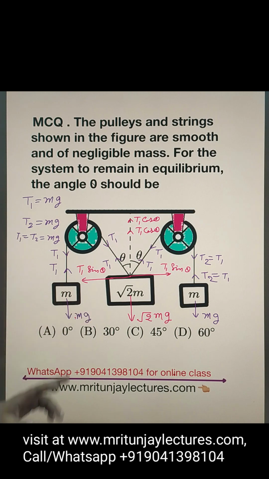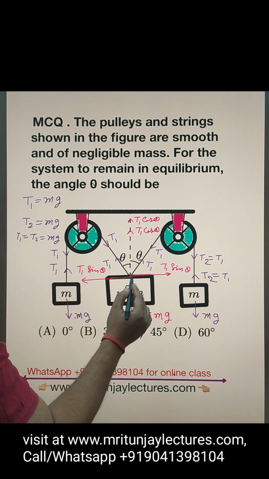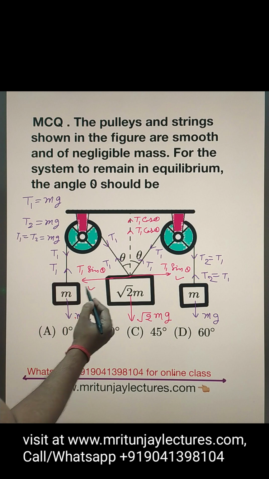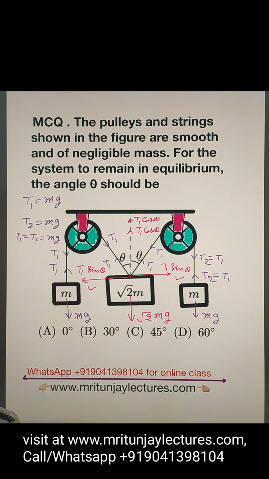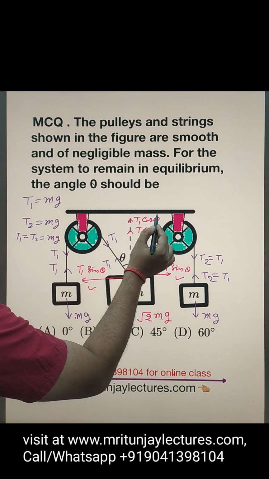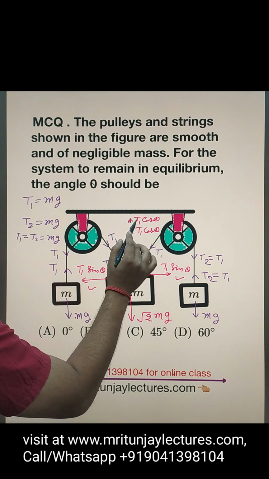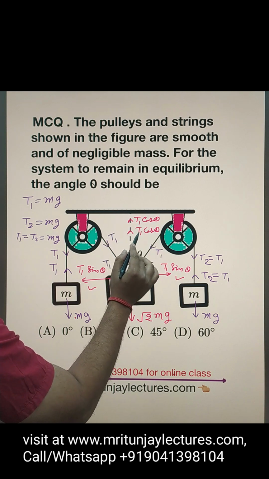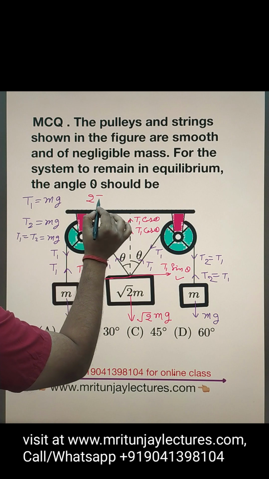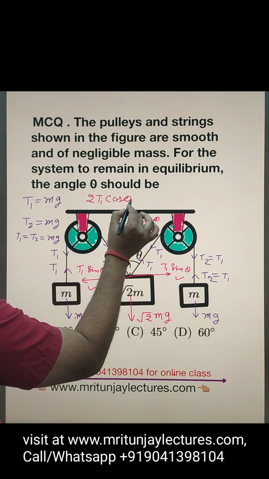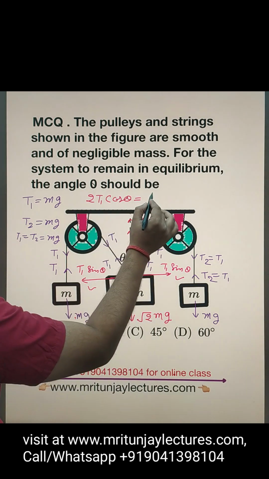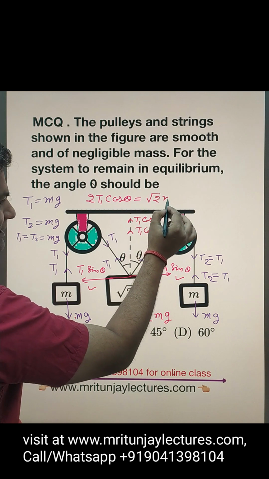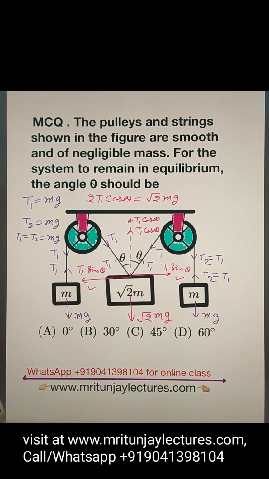So you can say that this component is equal to that component. And the component in the y direction, T1 cos theta plus T1 cos theta, that is 2 T1 cos theta, is equal to how much? Root 2 into mg. Clear?